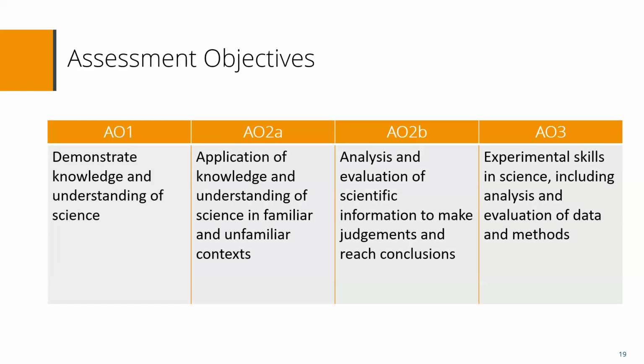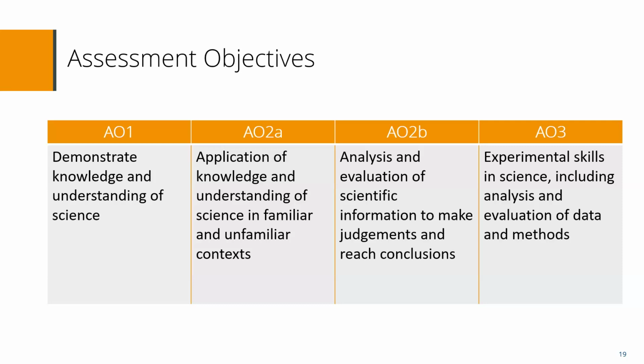Well, there are the four assessment objectives. AO1, AO2 is split into two, AO2A and AO2B, and then there's AO3. AO1 is all about demonstrating knowledge and basic understanding in science. AO2A is about the application of knowledge and understanding of science in familiar and unfamiliar contexts.